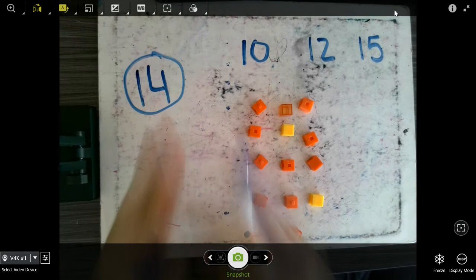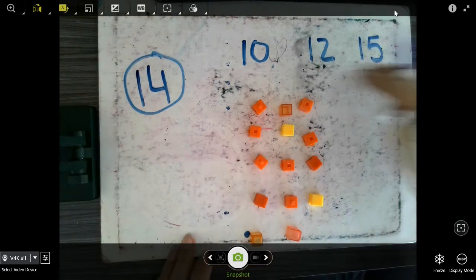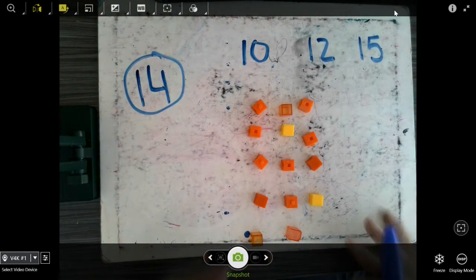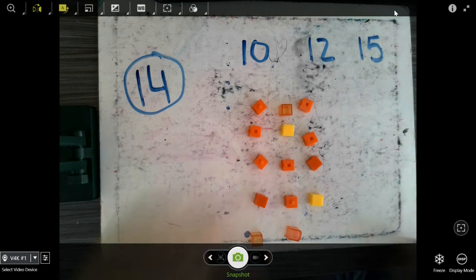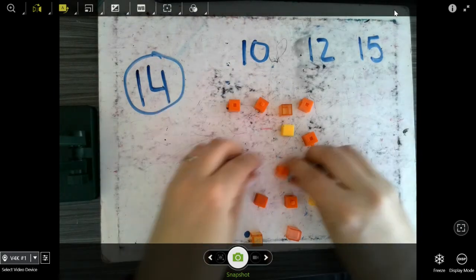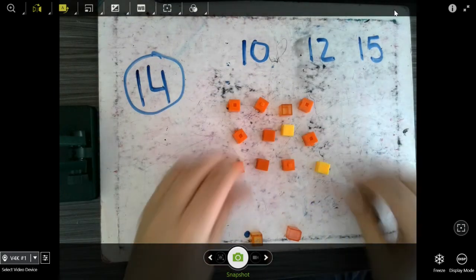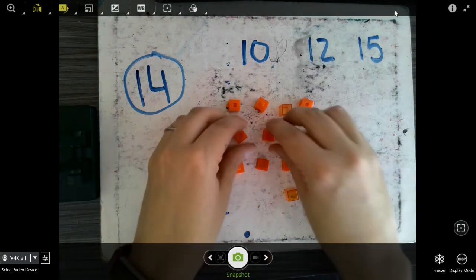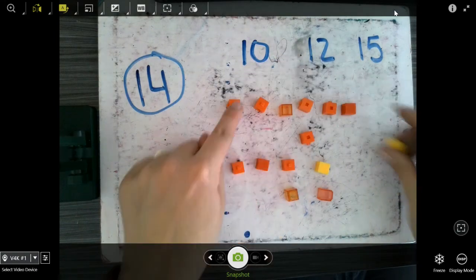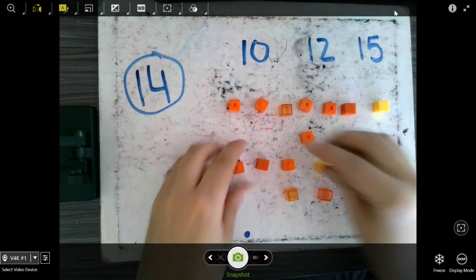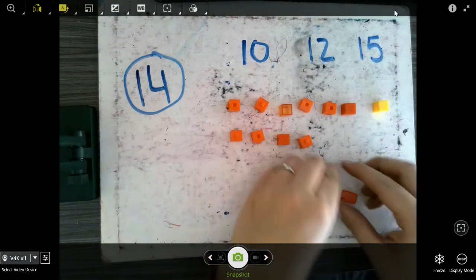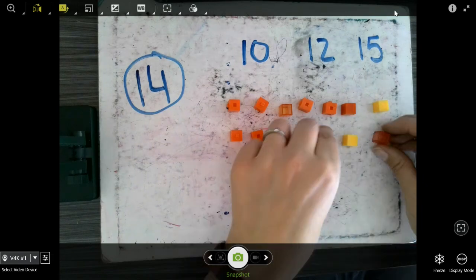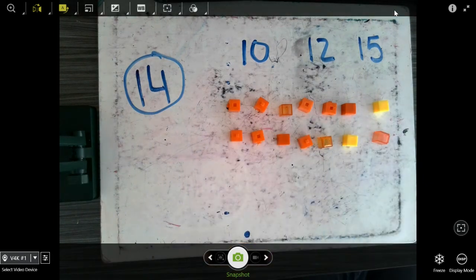You don't get to do 14. You get to do 10, 12, or 15 on your own, on a piece of paper, and you're making your own. So let me see if I can do rows of 4. Oh, not equal. Too bad. I wonder if I could do rows of 7. Let's do rows of 7. Just try it out until you get an equal number of columns and rows. So this works for me.